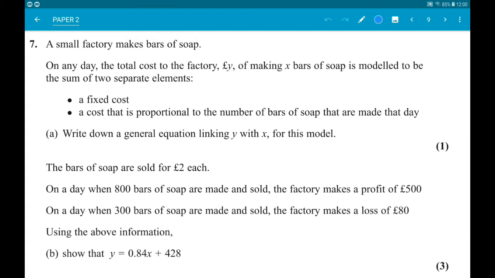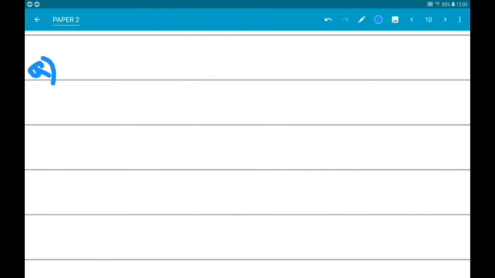Part A. Write down a general equation linking y and x in this model. So, y is the total cost. Now the cost proportional to the number of bars made, we could say is mx. And then the fixed cost is a constant, so c.